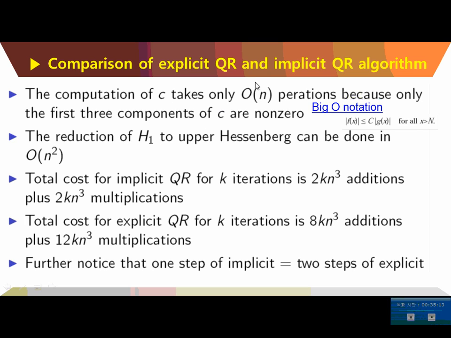So you can see the differences between these QR algorithms, and we can choose the proper algorithm to be used. As you see, one step of the implicit QR algorithm is almost two steps of the explicit QR algorithm. That's what we found.